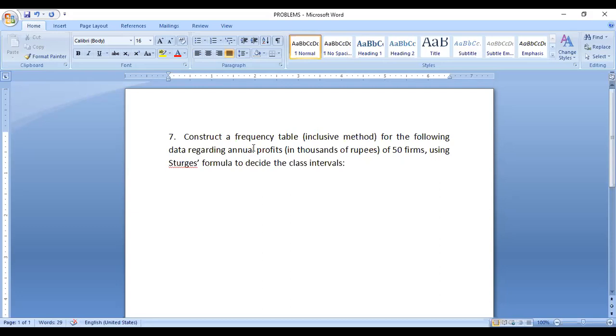Construct a frequency distribution table under inclusive method for the following data regarding annual profits in thousands of rupees of 50 firms using Sturge's formula to decide the class intervals.